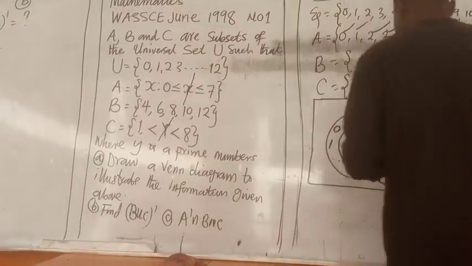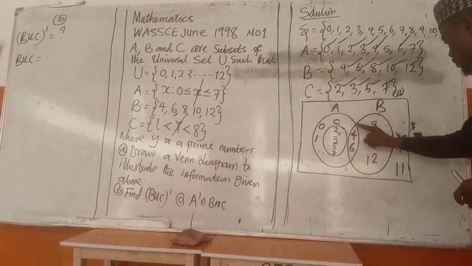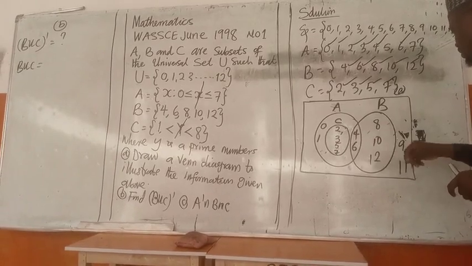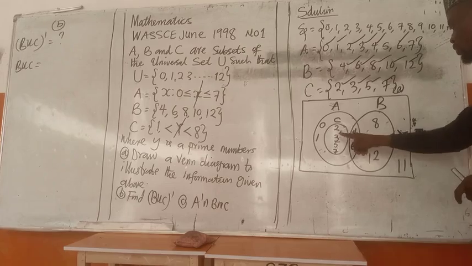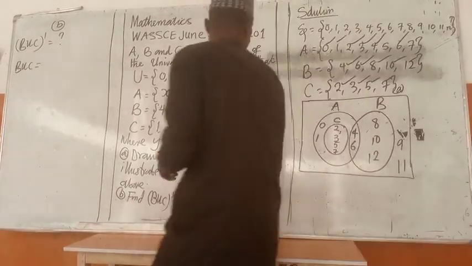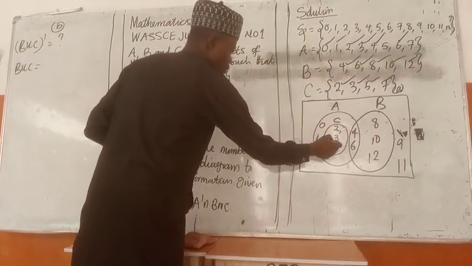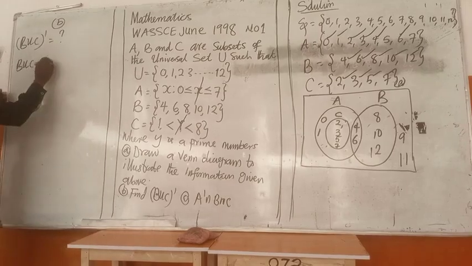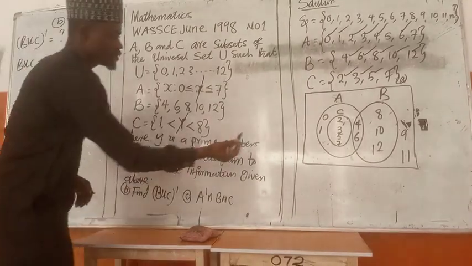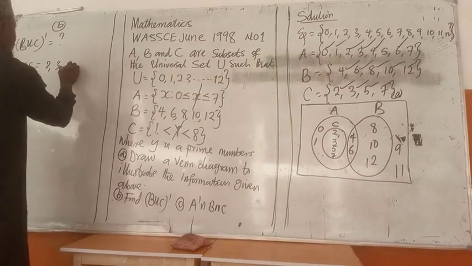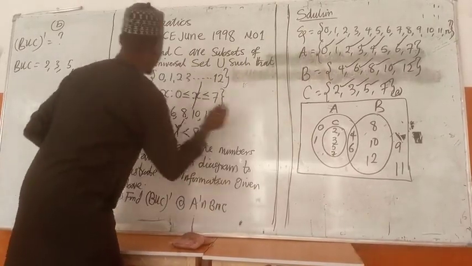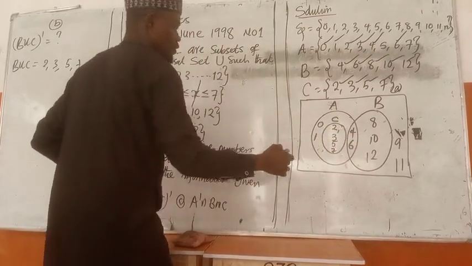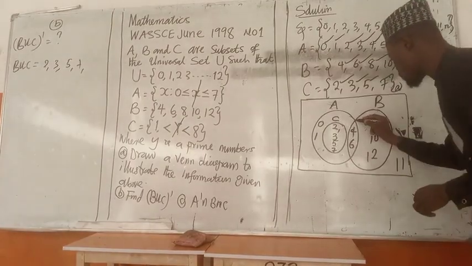B and C. If you look at it, this is B. And C is this. The members of B and C are 2, because C is this small circle, and this is B. B union C means 2, 3, 5, 7, and if you look at it, you want to choose this one.